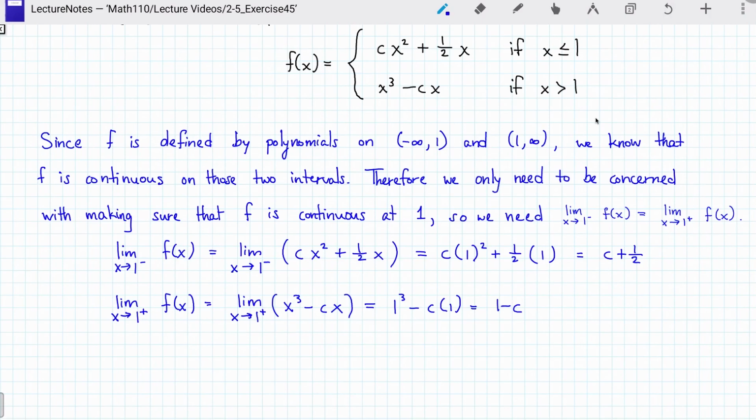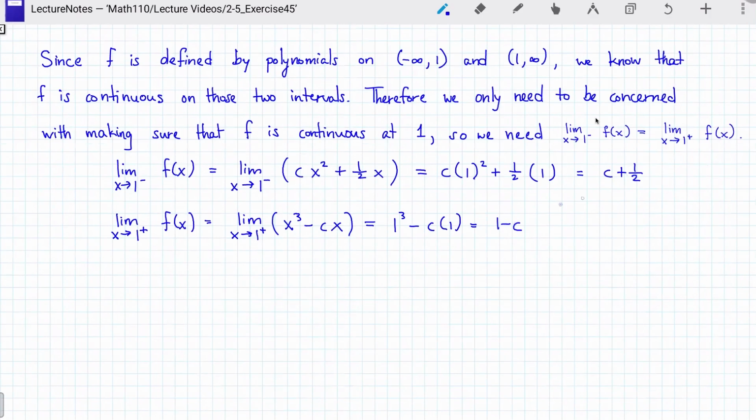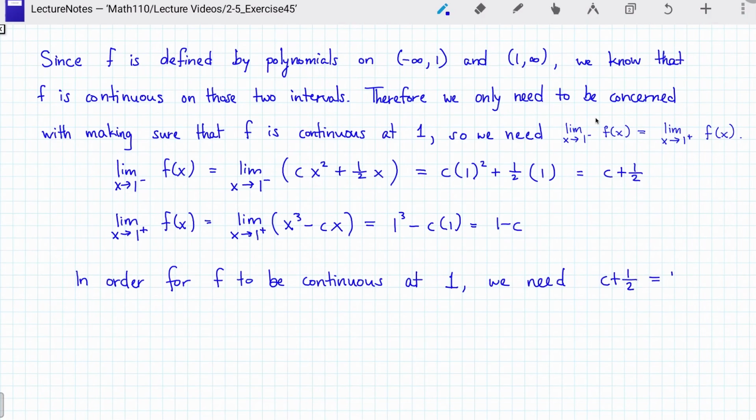So in order for f to be continuous at 1, we need to have those two left-hand and right-hand limits coincide. So let me write that. We need c plus 1/2, that's the left-hand limit, to equal 1 minus c. That's the right-hand limit at 1.